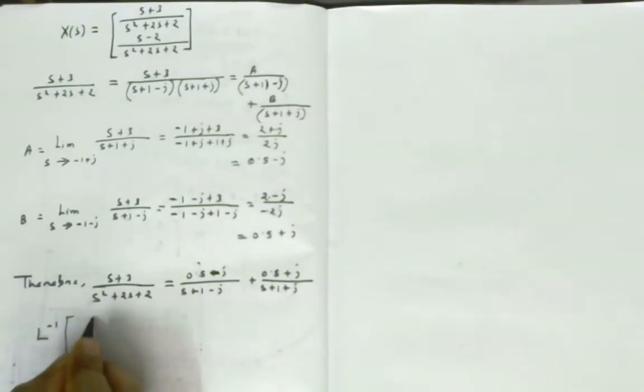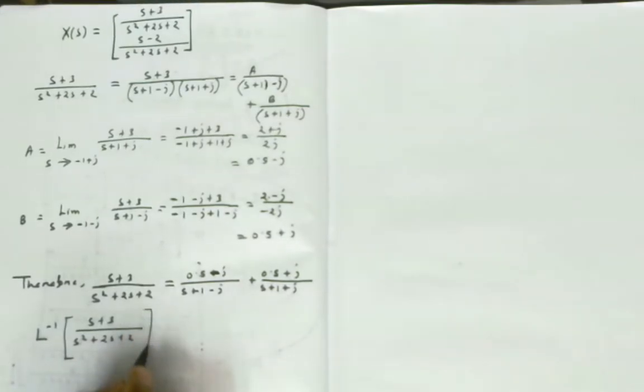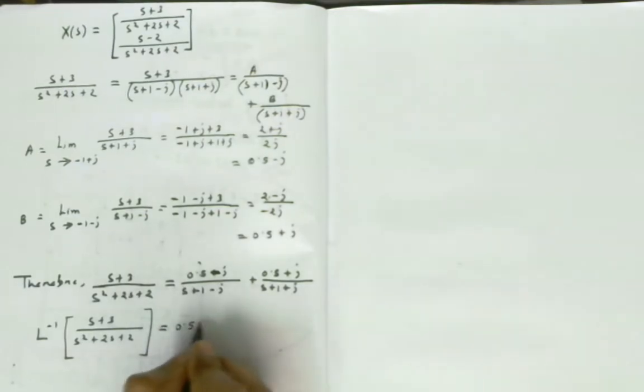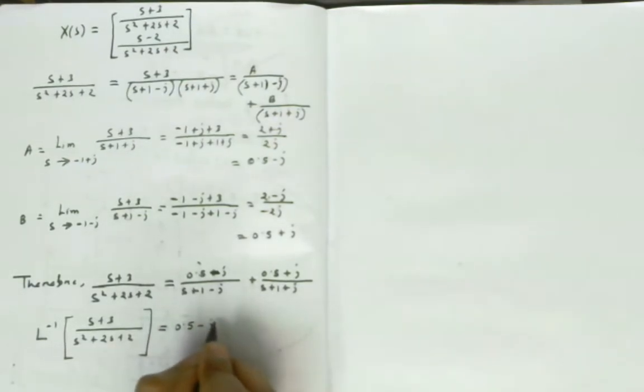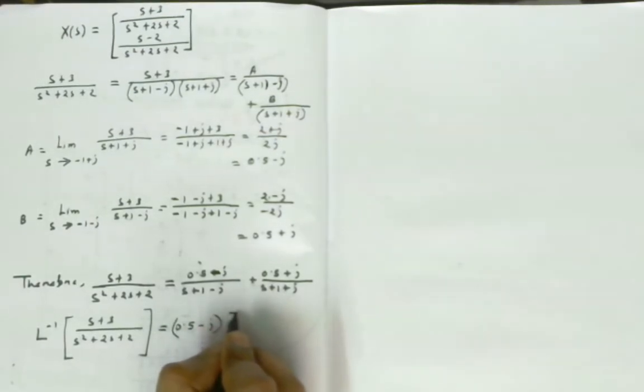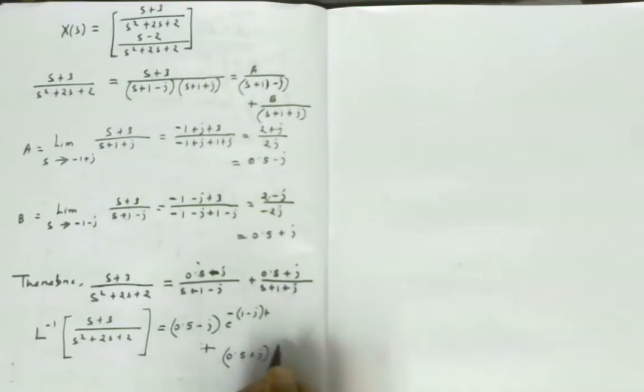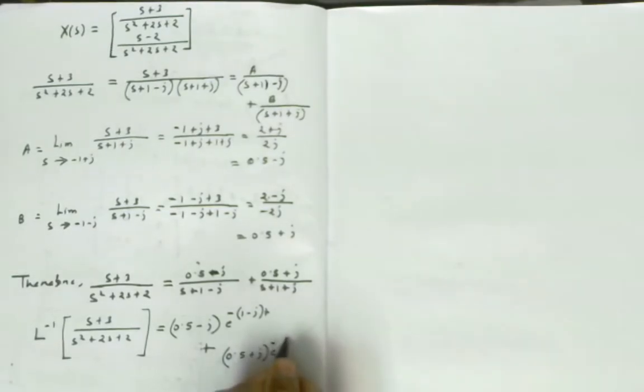The inverse Laplace of this will give you 0.5 minus j times e to the power of minus 1 minus j times t, plus 0.5 plus j times e to the power of minus 1 plus j times t. You can do it by yourself, I'm just directly giving you the inverse Laplace of it.